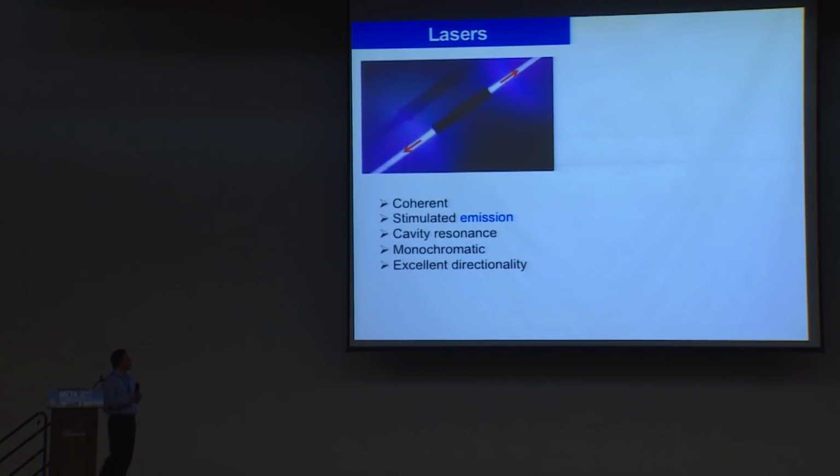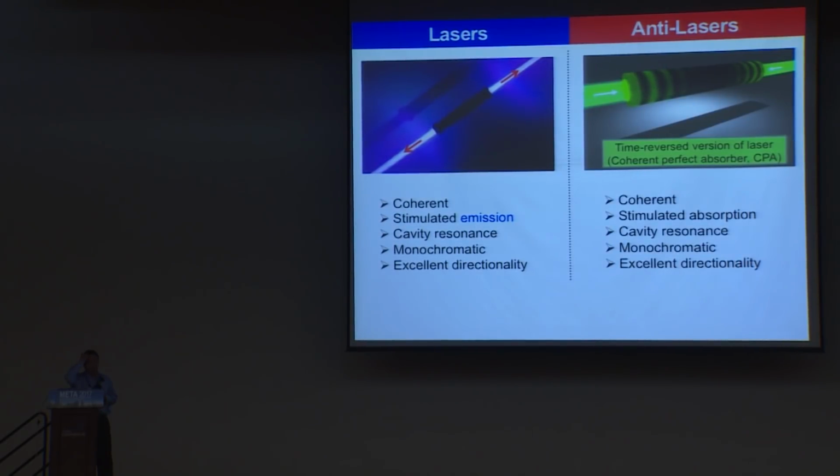So the laser, we all know that. It is, of course, a coherent stimulated emission, and it often uses a cavity to select a mode, and it also corresponds to a specific frequency. It's not like fluorescence. And of course, it has really good directionality. So what is the anti-laser? Well, the anti-laser is essentially a time reversal of the laser.